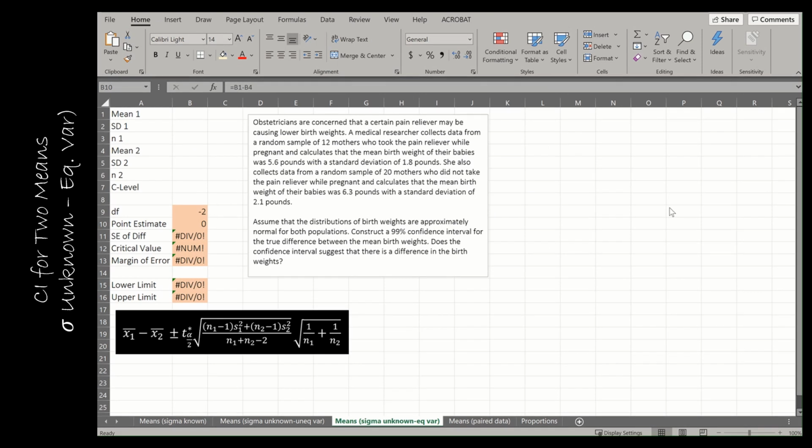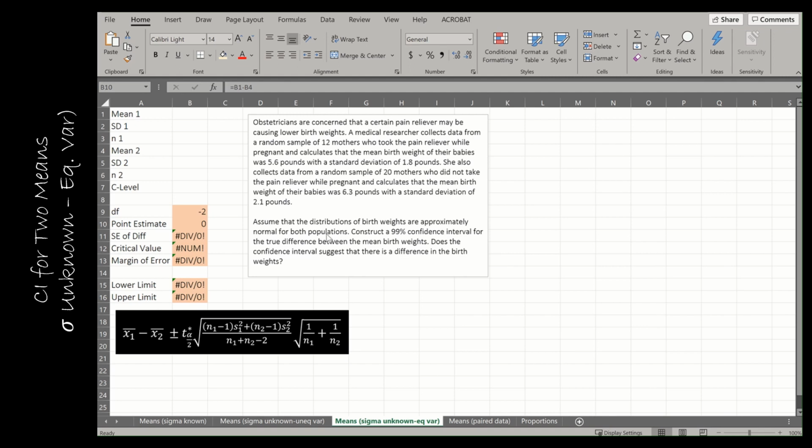Let's take a look at another question and why we might use a formula for unknown sigma equal variances. So we're dealing here with birth weights, and we know based on the given information that the distributions of birth weights are approximately normal for both populations, but it doesn't say specifically that the variances are assumed to be equal.